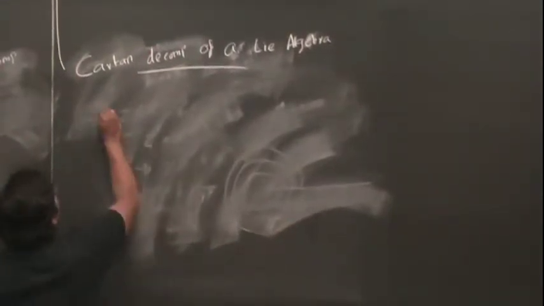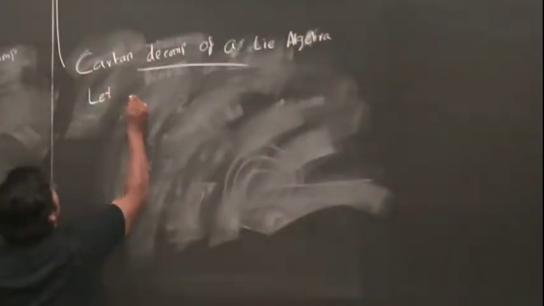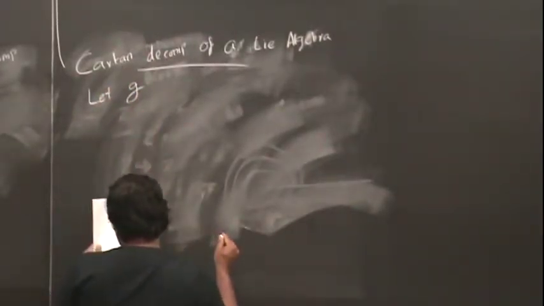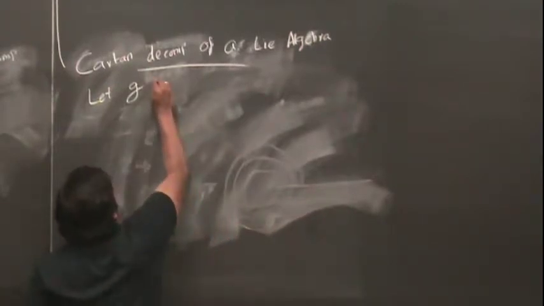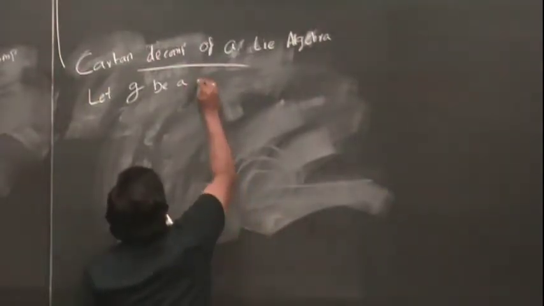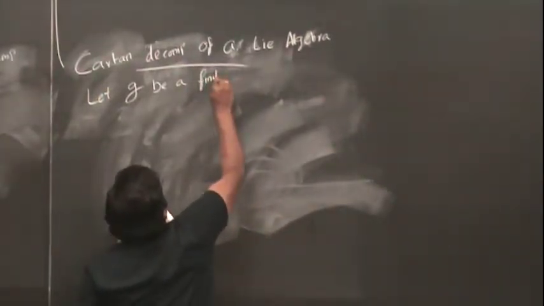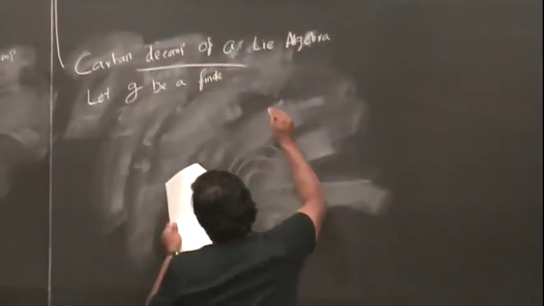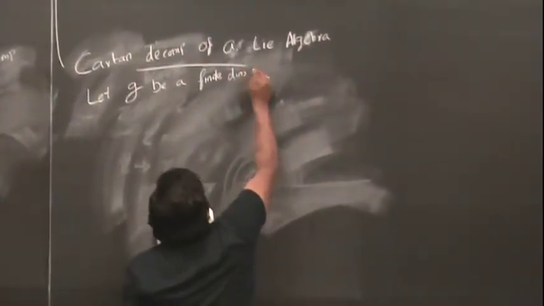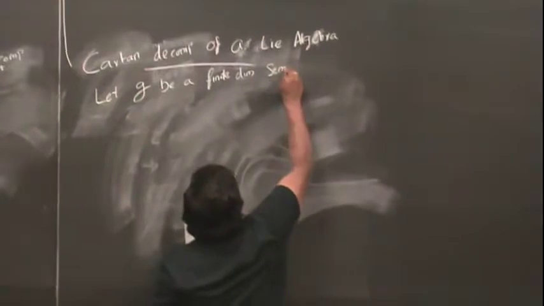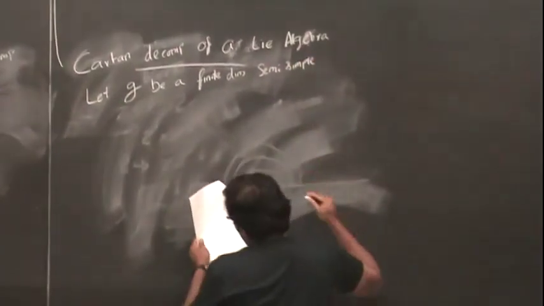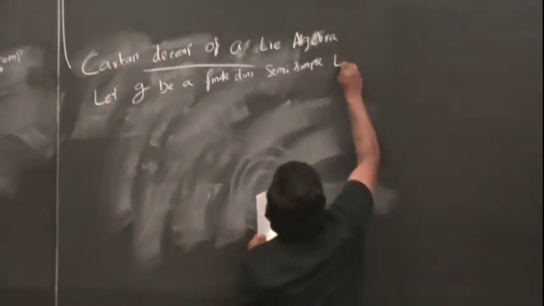So let g be a finite-dimensional semi-simple Lie algebra.